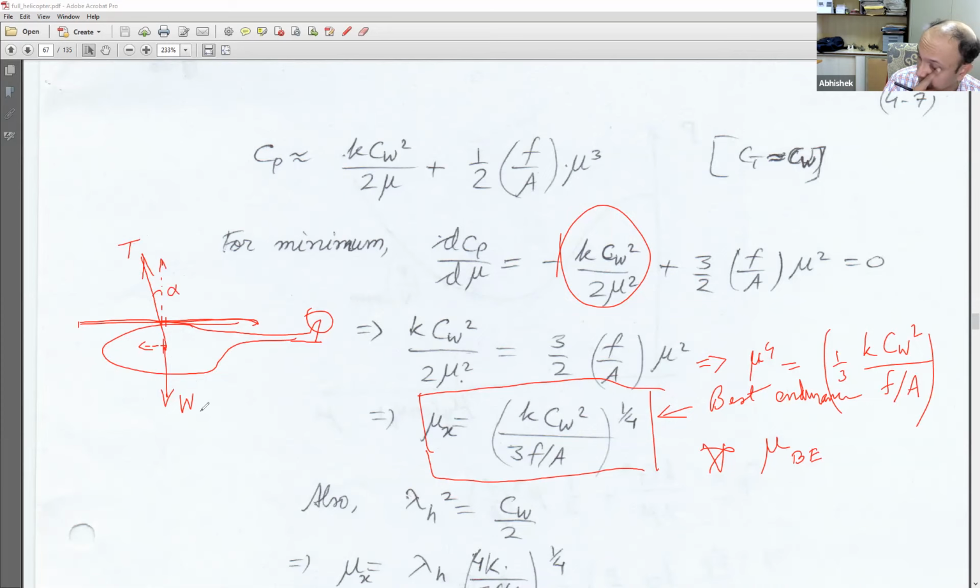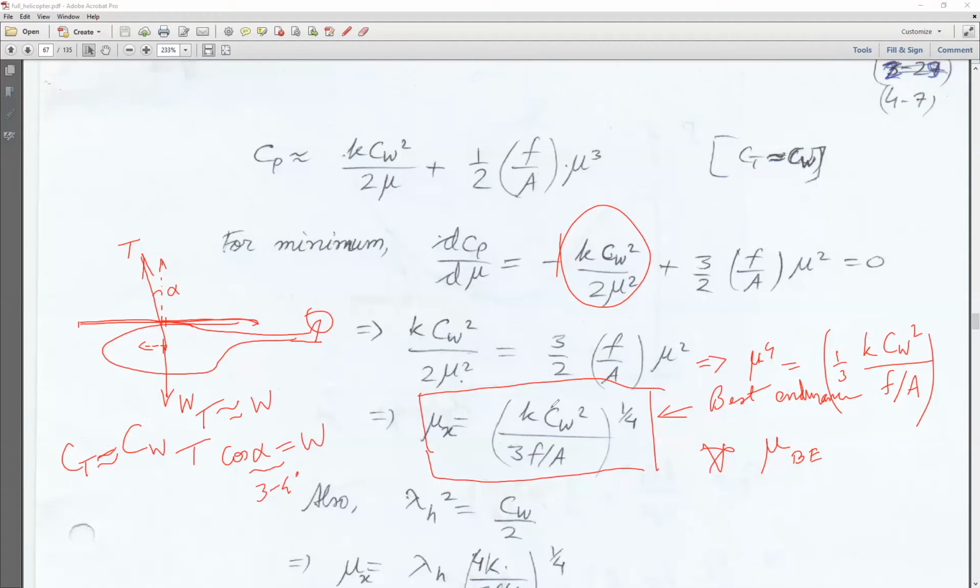That's what you are calling homework assignment 1. Different shaft angles, how much the helicopter is tilted by. So we can say T cos alpha equals W, but this alpha is a small angle, 3-4 degrees max typically. So I can approximate very happily as T equals W. So my CT becomes equal to, sorry, CW, and that's what we are using. So it's a weight coefficient.